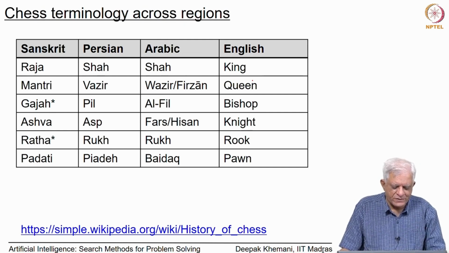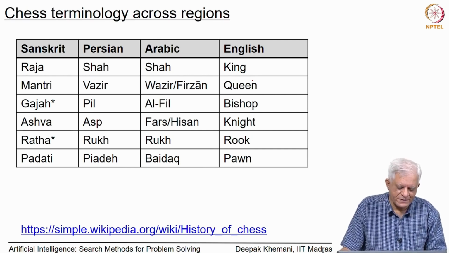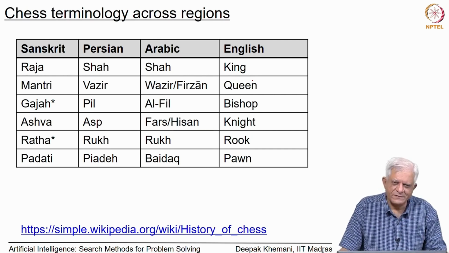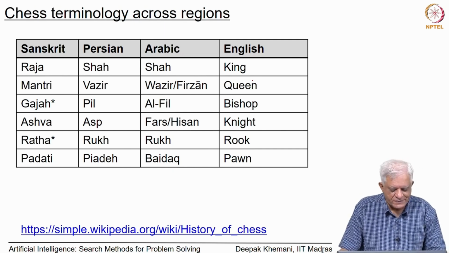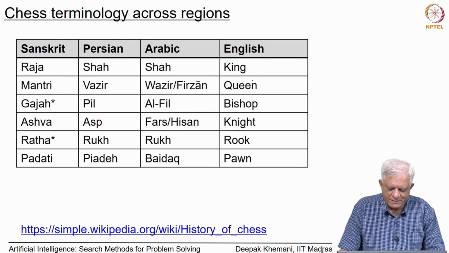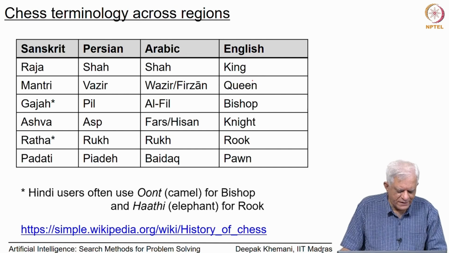Then Ratha, which was called Rook in Persian and became the Rook in English, and Padati, which in Persian is called Pyada, which also we often use in Hindi nowadays, which eventually became the pawn in English.